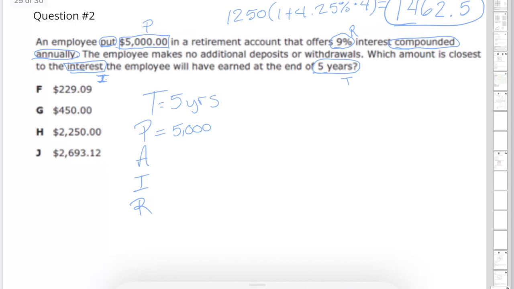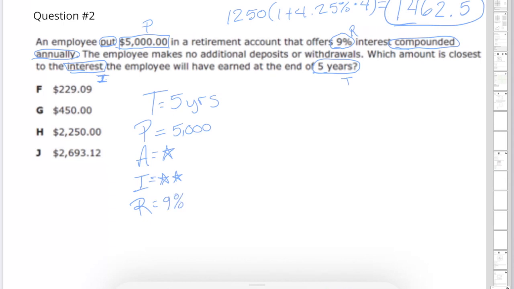My A, I don't have A labeled on here, but I know that if I have to find I, that must mean I have to find A too, and I have to find A first before I can even find I. So I'm going to put a star here, but then I know I'm definitely looking for I, so I'm going to put 2 stars there because I have to have that in order to answer the question. And then my last part is my rate, and we know my rate is with the percent sign, and that was 9%.